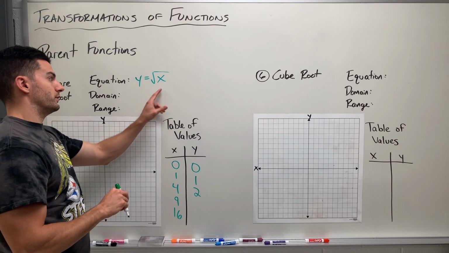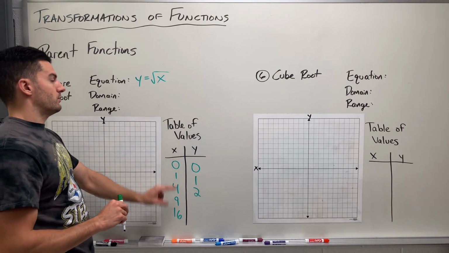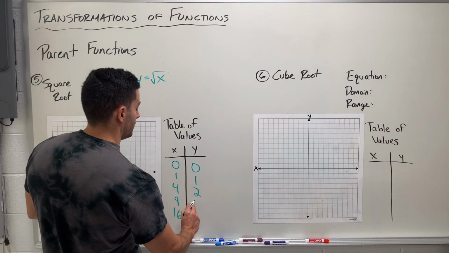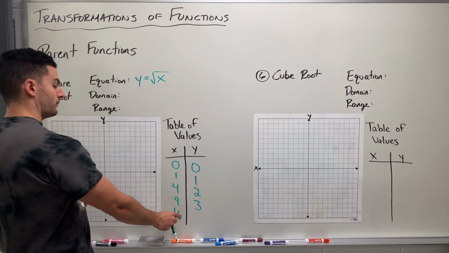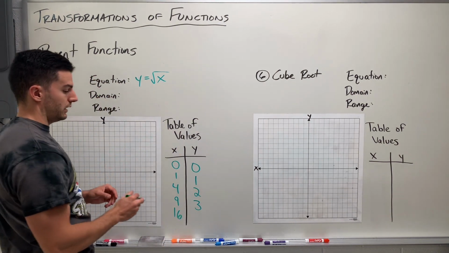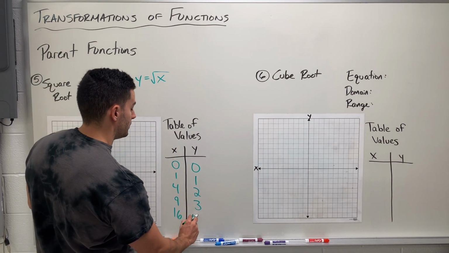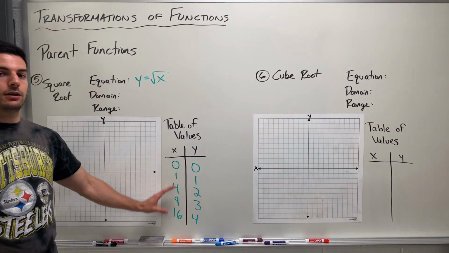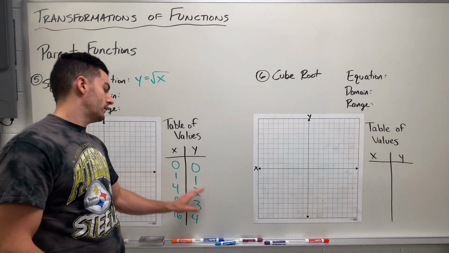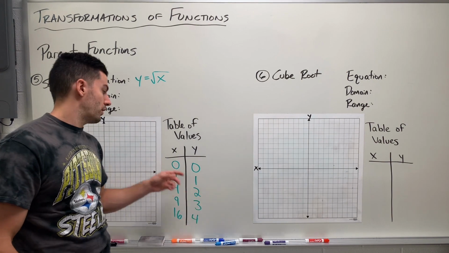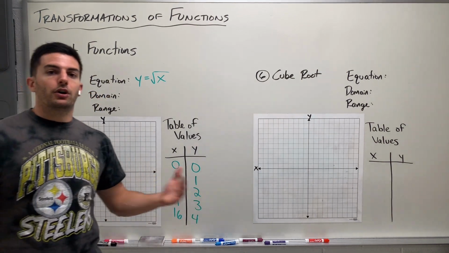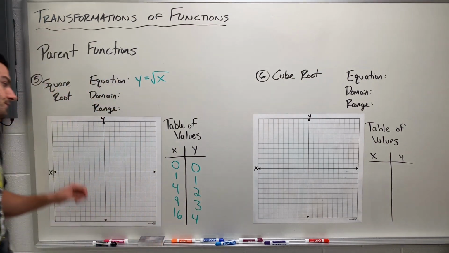Now 9, the square root of 9 would be 3, because 3 times 3 is 9. And then 16, the square root of 16 is 4. So you can see why I picked the numbers that I did for my x values, because 0, 1, 2, 3, 4, these are the first 5 perfect squares.